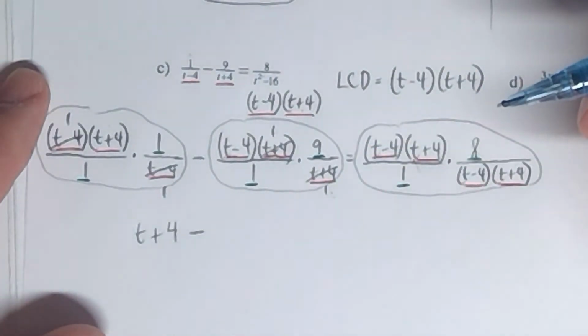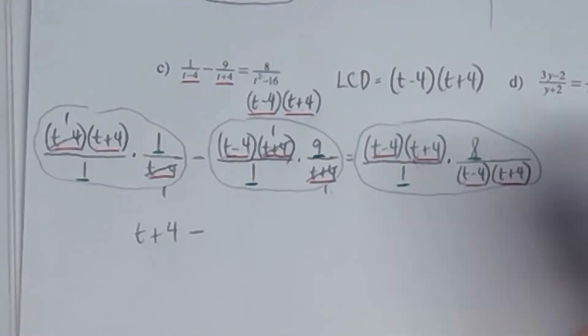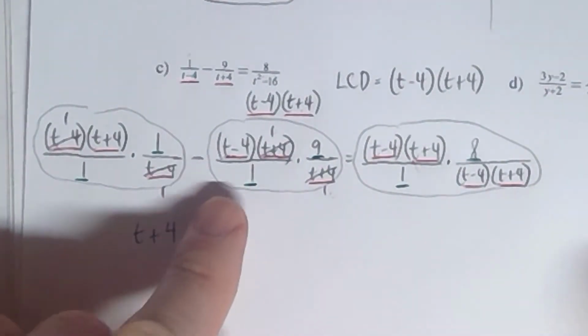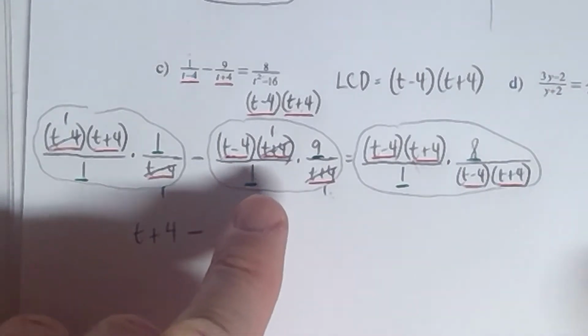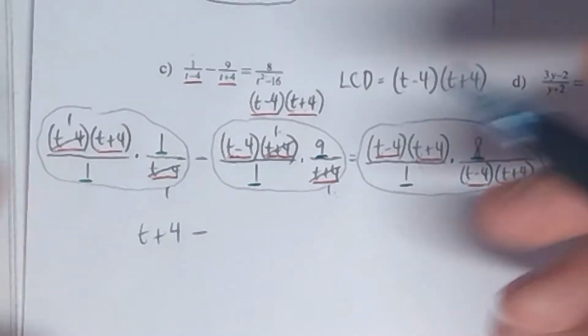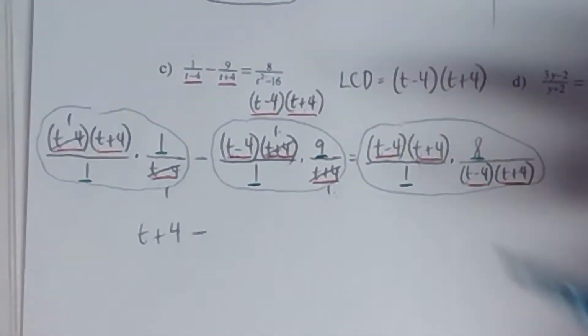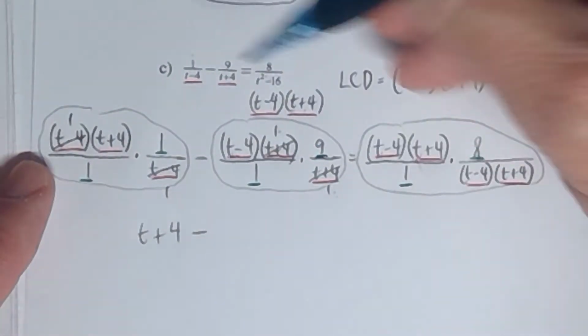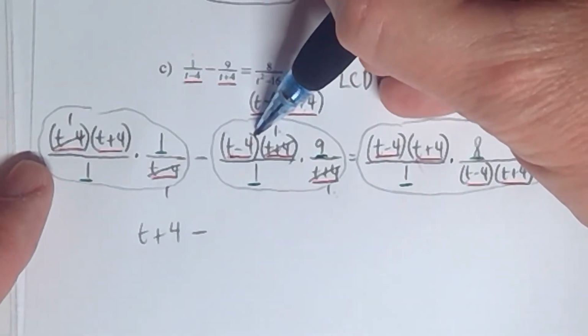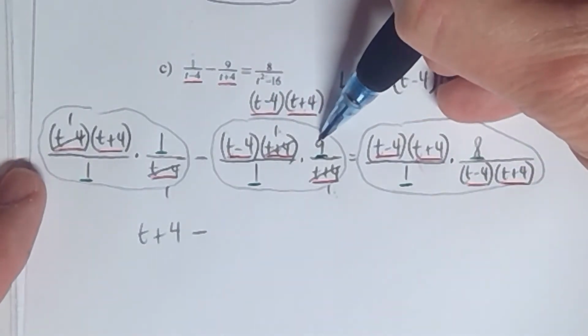That's all that cancels. Now here's where we got to be careful. What do we got here? This is very, very important. Listen to this. This is one of the tougher parts, but you can get this. Just listen closely. If you end up with, and this is not including the 1s here, because we know that when we multiply by 1, it doesn't change anything. Not including this 1 right here, what do we got left on top? We have something with 2 terms in it times something that's just 1 term.